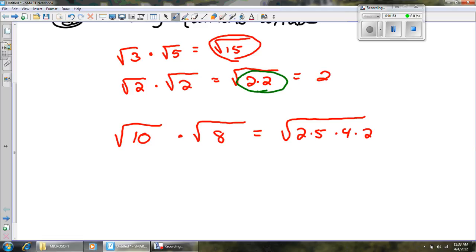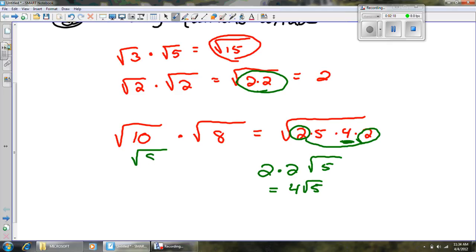And I've got this pair of 2's here and here that could leave the house on a date. But I also have this 4, which I know is 2 times 2, so I could have another 2 leave the house on the date, and then a 5 would be left out front in the house, and I'll have 4 rad 5. Okay, so I can think about it lots of different ways.